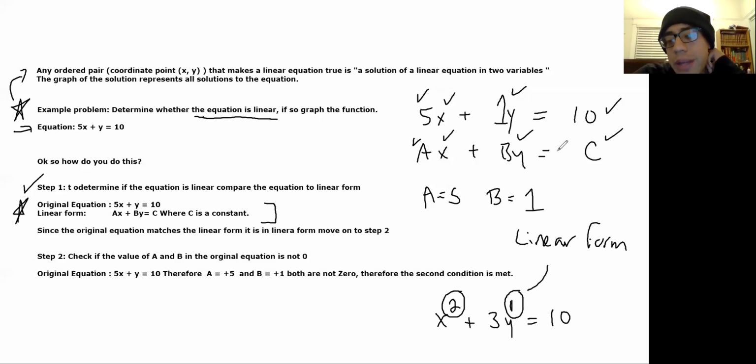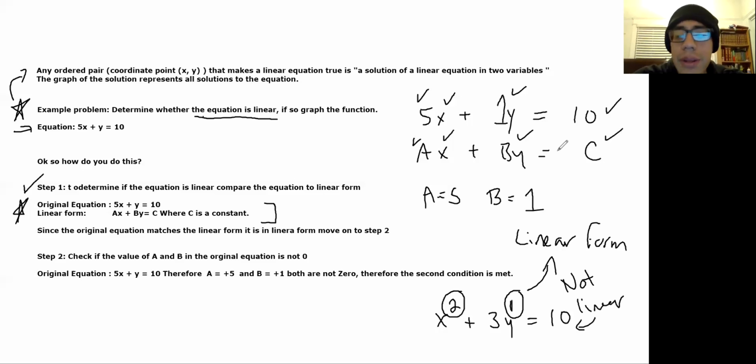The power of 1 is referring to the linear form. So if all of them are just regular variables, where there's nothing on top of the x, nothing on top of the y, no little numbers on top of them, they are hinting that it is in linear form. It's possible that it cannot be in linear form for other reasons, but if you see a square in there, it's automatically not linear.